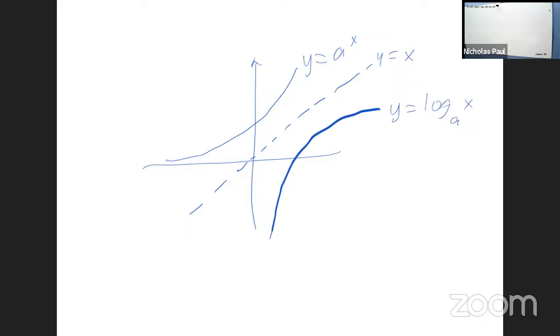That's a log function. So how are they related? Log base 8 of x is the inverse of 8 to the x. They are the inverse of each other, and that's what the graph looks like. You have to know this graph. You have to know this shape.